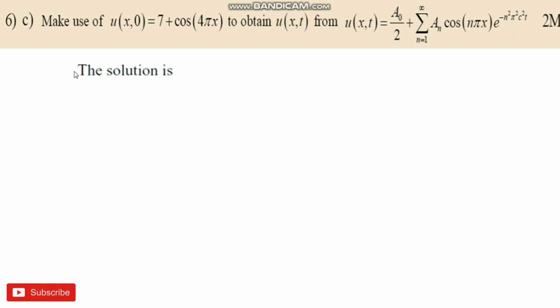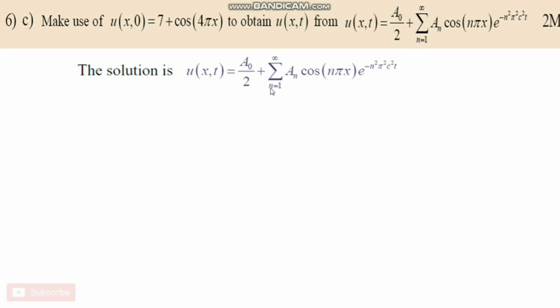The solution u of xt can be expressed as a naught by 2 plus summation n varying from 1 to infinity an cosine of n pi x e power negative n square pi square c square t.